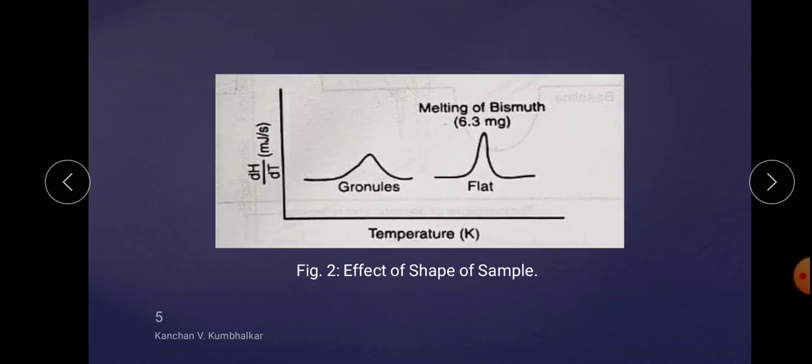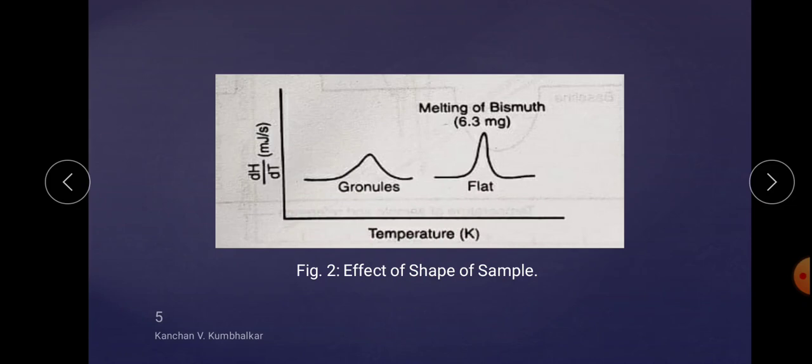Now, this thermogram shows the effect of the shape of the sample. What is a DSC graph? A DSC graph is delta H upon delta T on the y-axis and temperature in Kelvin on the x-axis.